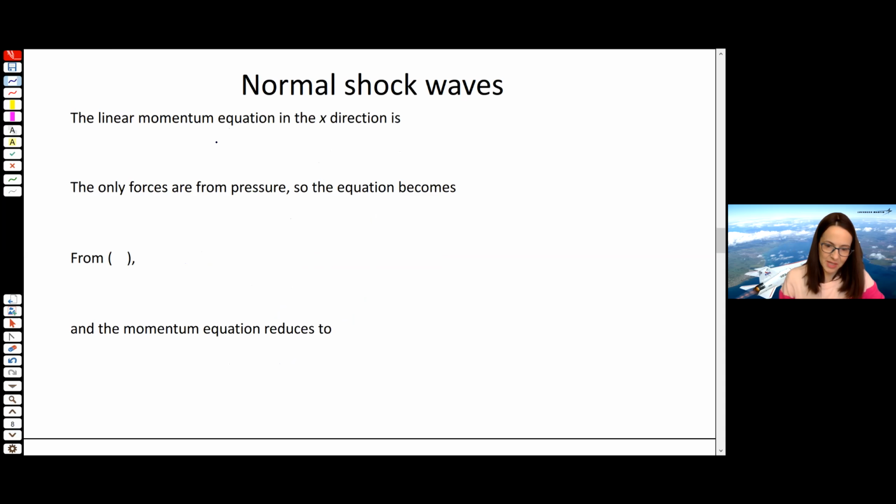So summing the forces in the x direction, we get rho y Vy squared A minus rho x Vx squared A. The only forces, as we discussed a moment ago, are from pressure, because the control volume is so slim that there's no time for viscous forces to accrue. So writing this in terms of pressure forces, we've got Px times A minus Py times A is equal to the same right-hand side that we had before.